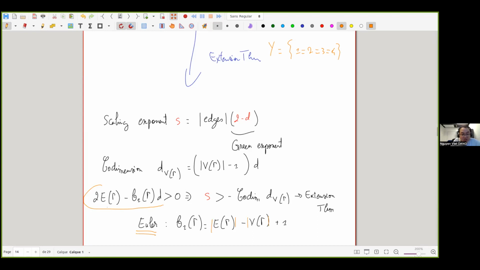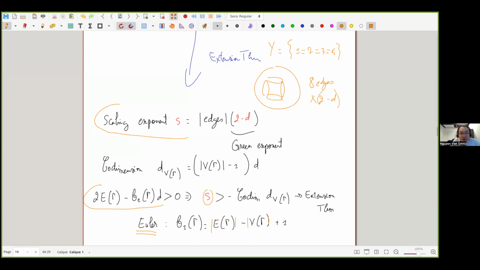From the assumption, you deduce that in fact the scaling exponent of the amplitude is just the number of edges. So for your amplitude, you count the number of edges. In the example of my graph, I have 1, 2, 3, 4, 8 edges. You multiply by the exponent of the green function, so 2 minus d.